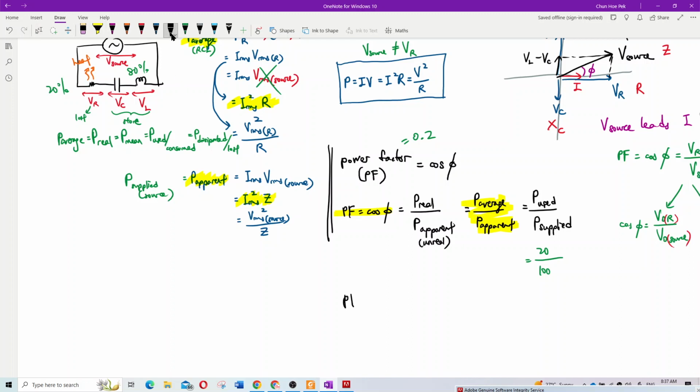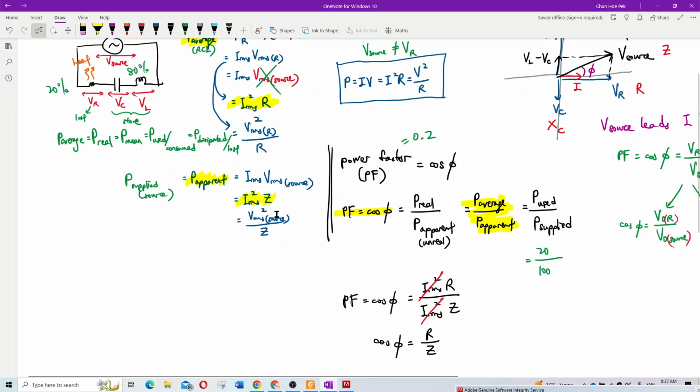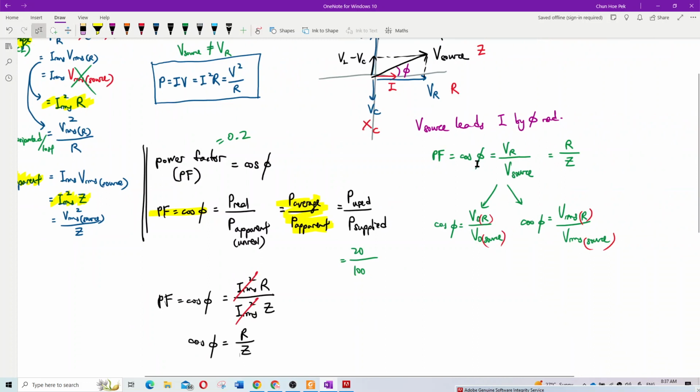So power factor, which is cos phi, is average power, I RMS square R, over I RMS square Z. If you cancel this, cos phi equals R over Z.